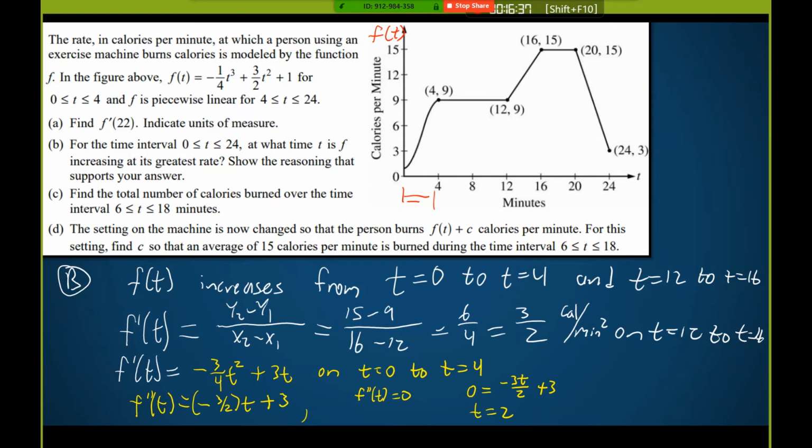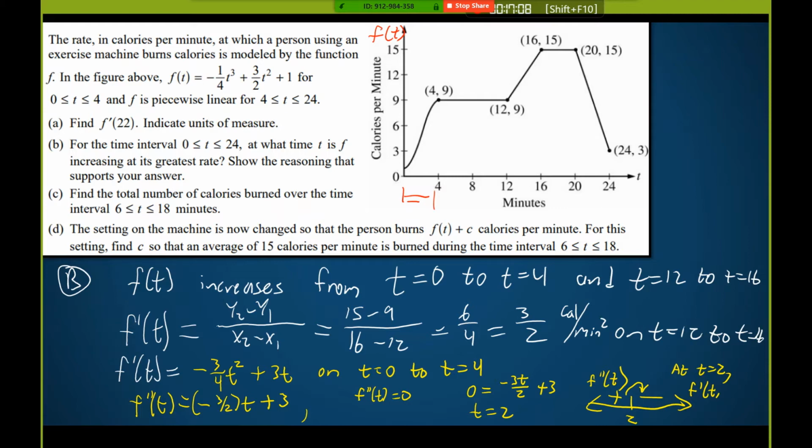our slope is changing. If I plug in t equals 0 into our second derivative, I get a positive value. If I plug in t equals 4 into my second derivative, I would get a negative value. So my slope is maximized at t equals 2. F prime t is maximized.